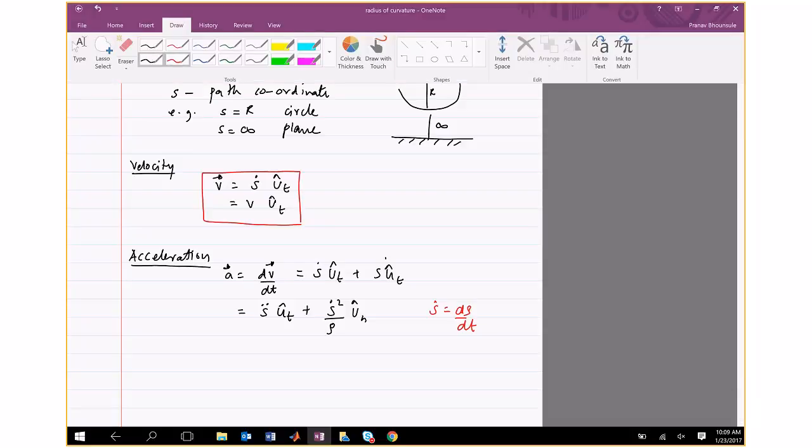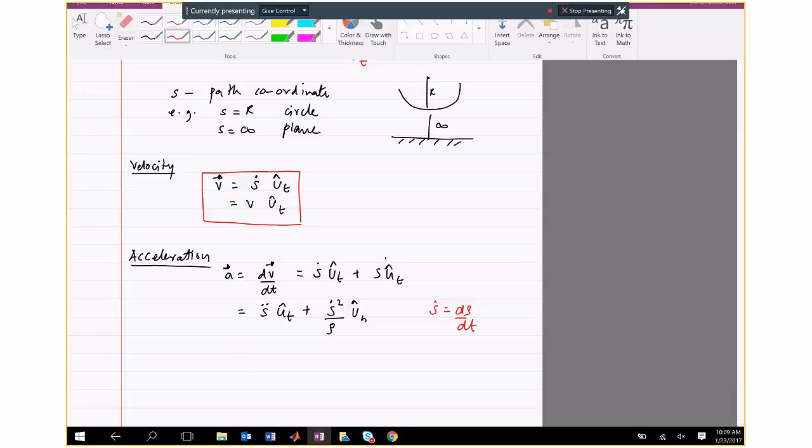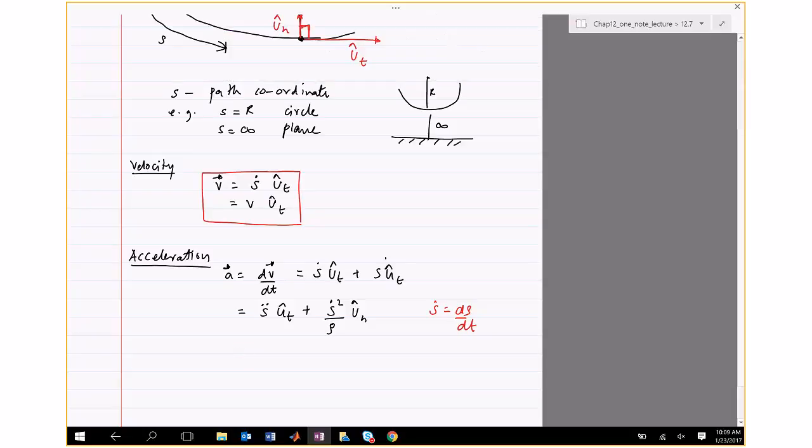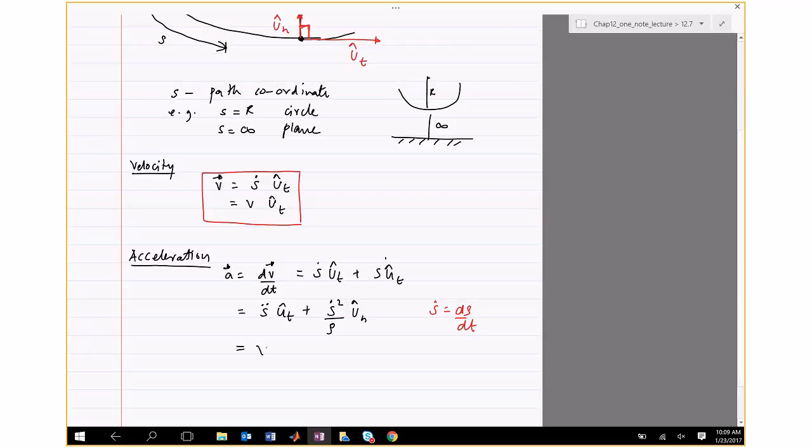Okay, so what I'll do is I'll write this in terms of v: v dot plus v squared divided by rho, and this is my final expression for acceleration.